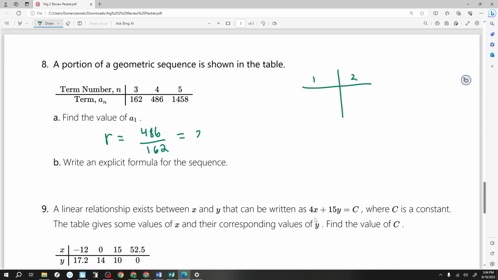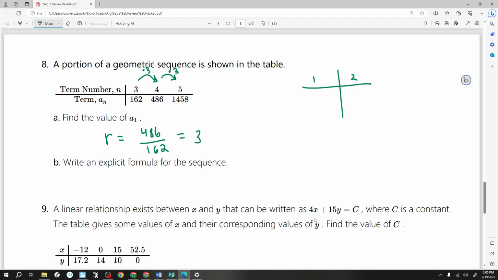I believe that's going to give me a 3. Okay. So let's think about this. If I go up the sequence, what am I doing? I'm multiplying by what? 3. So to go forward, I multiply by 3.